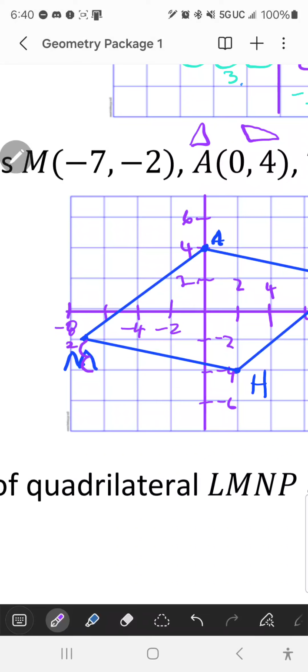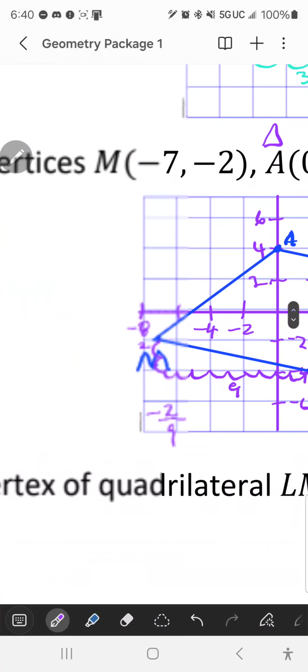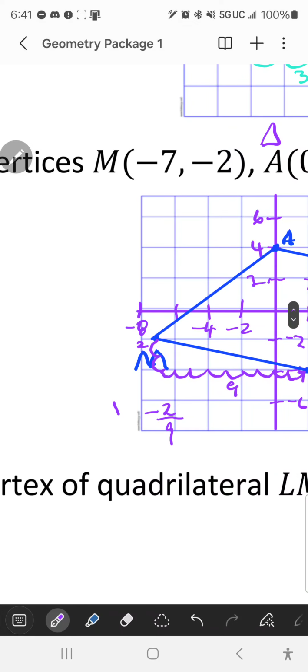So this is 2, and this is 1, 2, 3, 4, 5, 6, 7, 8, 9. So rise over run will be negative 2 since it's going down, over 9.